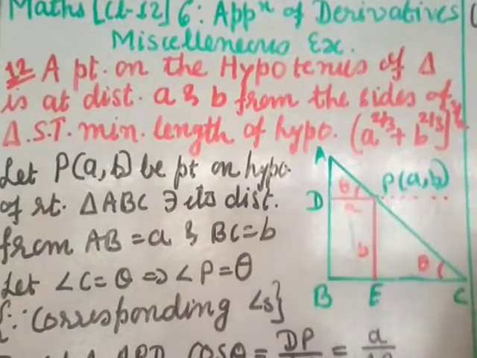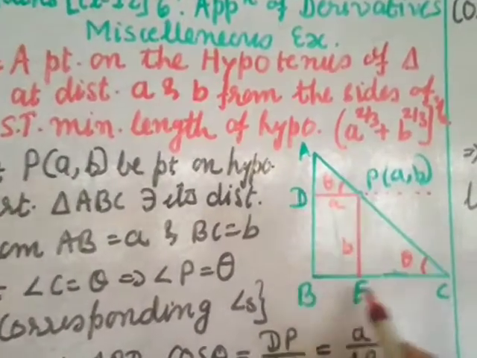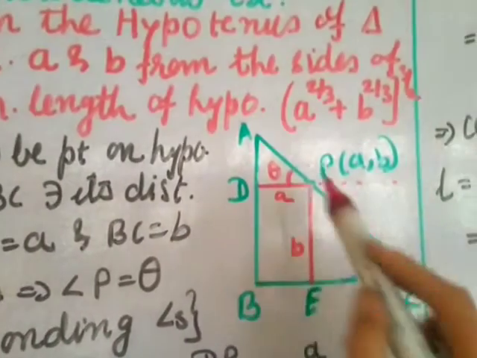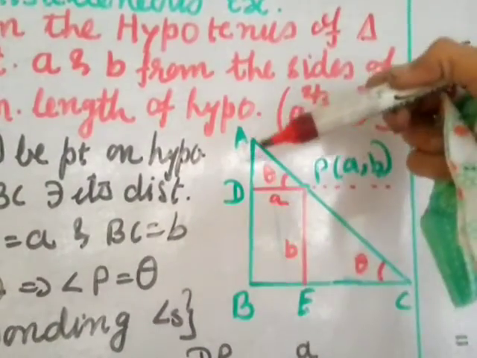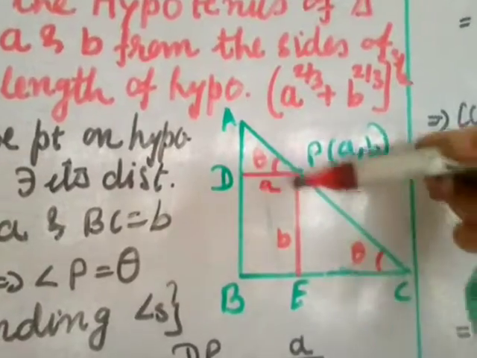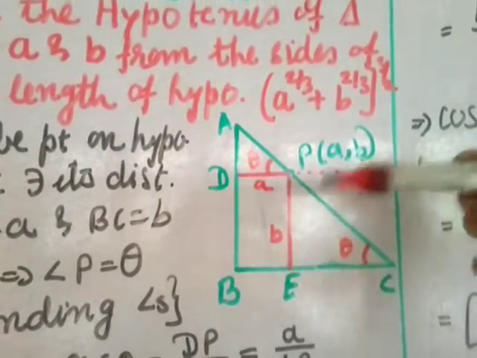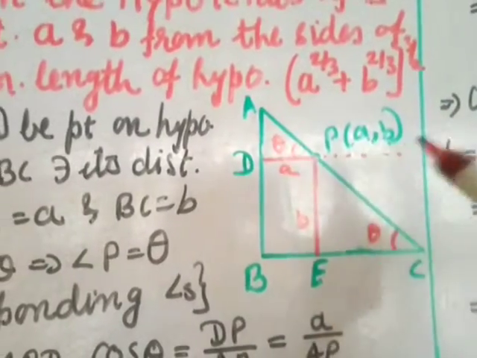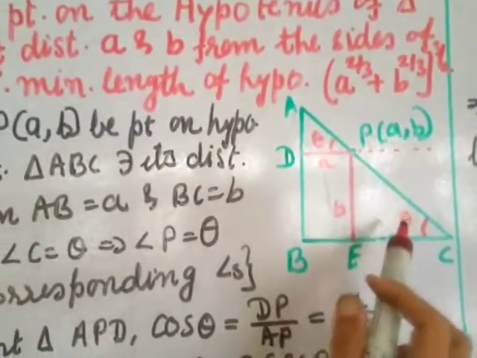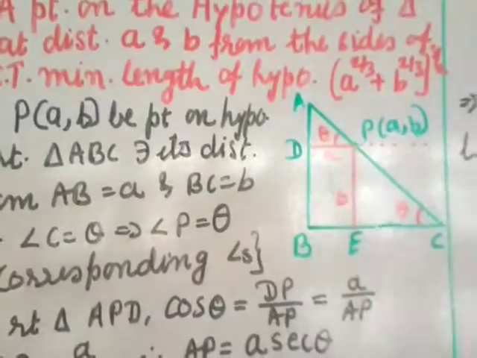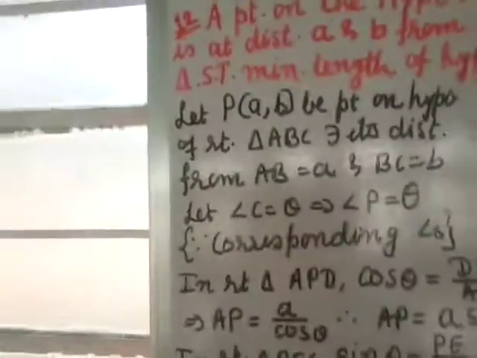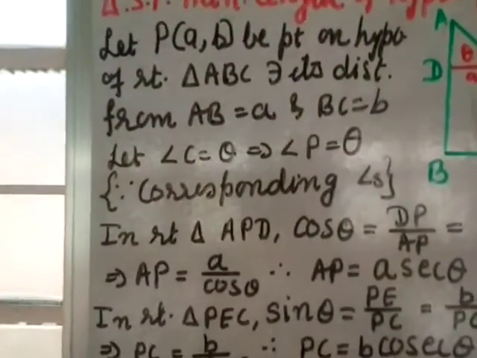So these two lines, the DP line and this BC line, will become parallel, and AC will act like a transversal. From here A to C, this angle and this angle will be corresponding angles, so they are equal. If I assume this as theta, then this also will be theta. So I have written here corresponding angles.